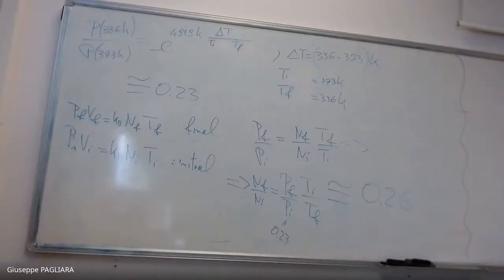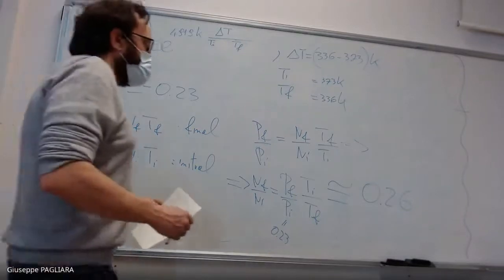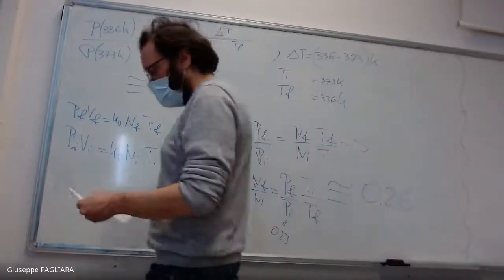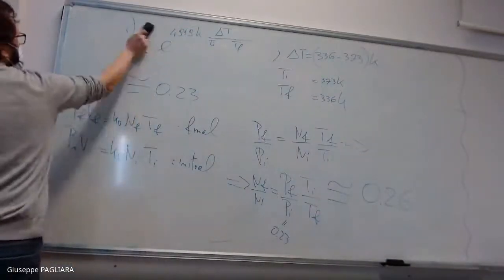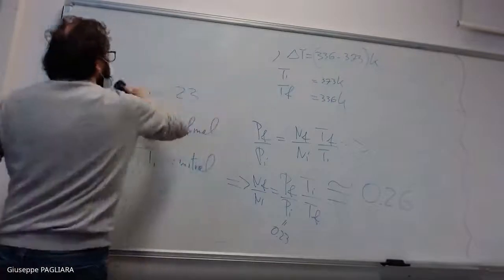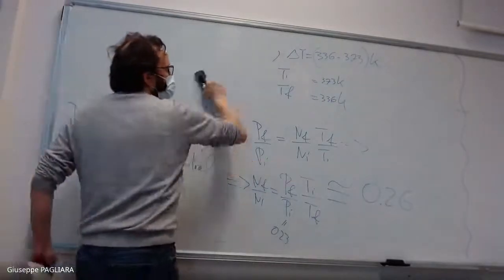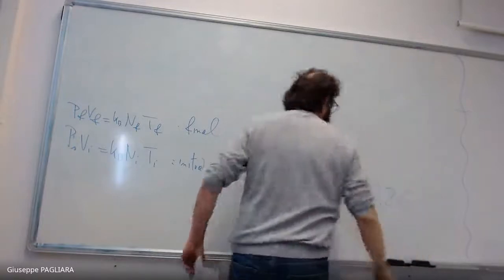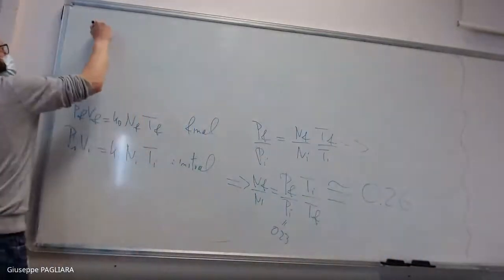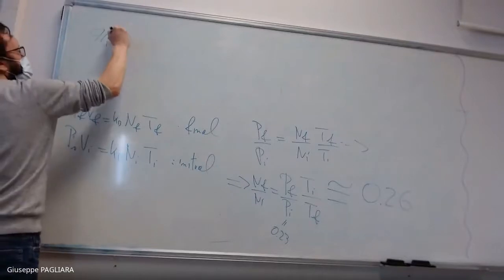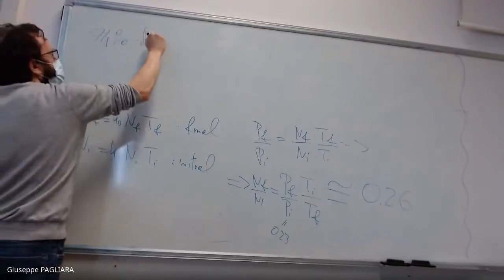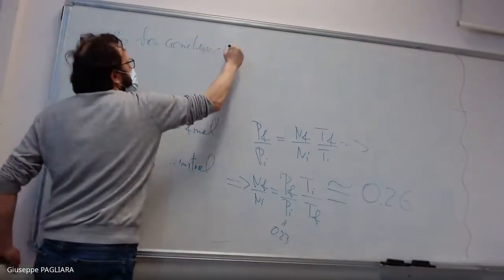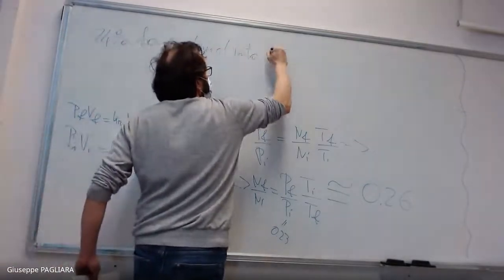Okay? Which means that 74% has formed water. So this is the fraction of gas in the final state, and the complementary 74% has condensed into water.